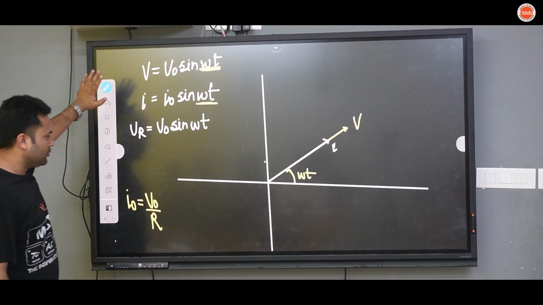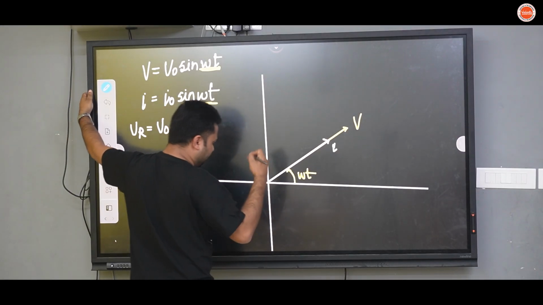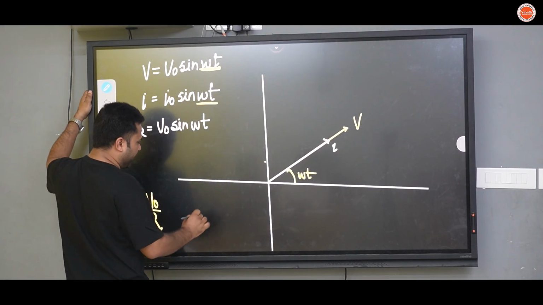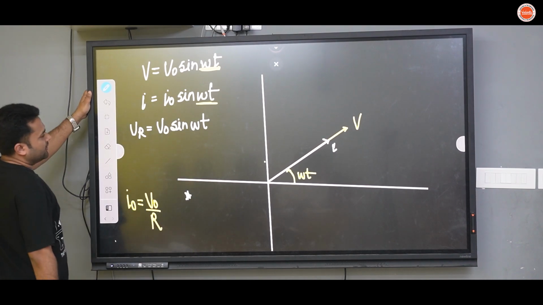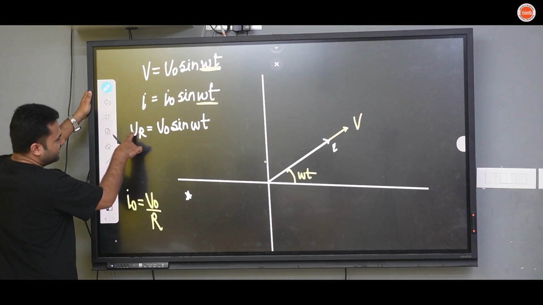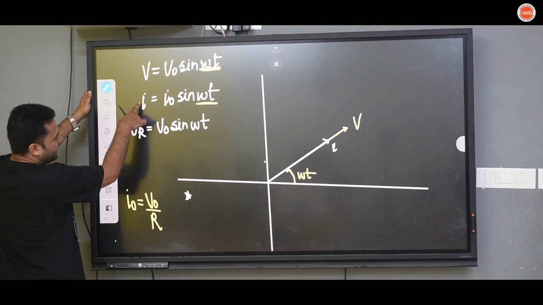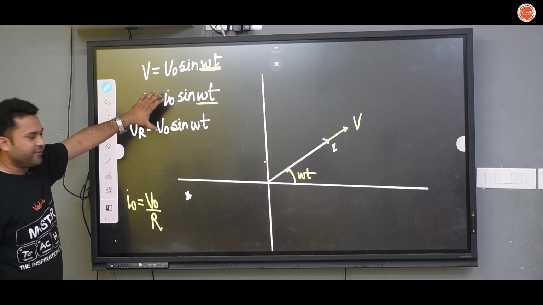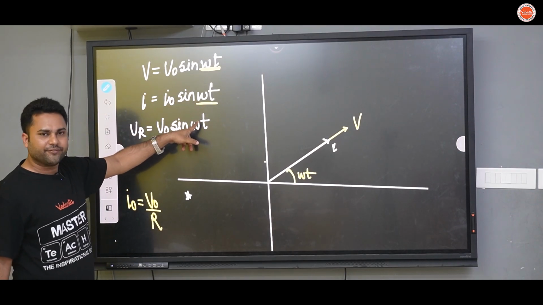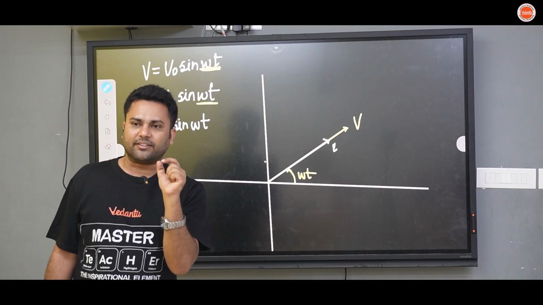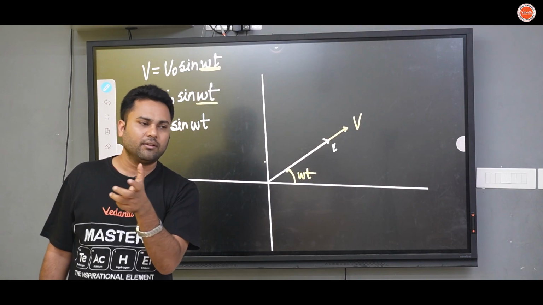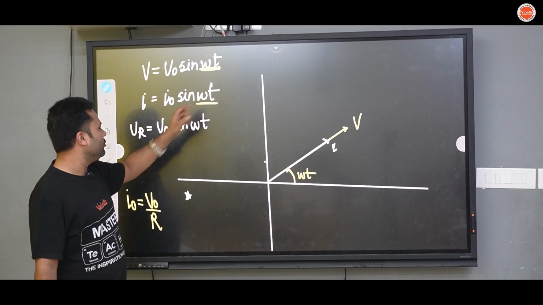So 2 points you should write. There are a lot of points, but write 2 separately. First, the voltage in the resistor and current have the same phase. You may not know what phase is. Phase is something which comes after sine. Here also omega t, here also omega t.